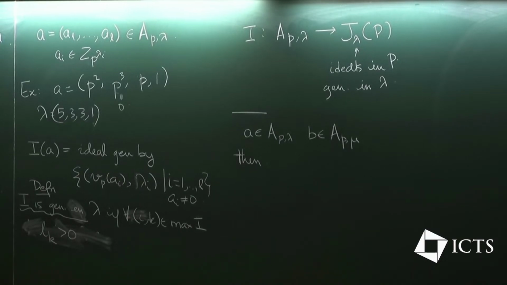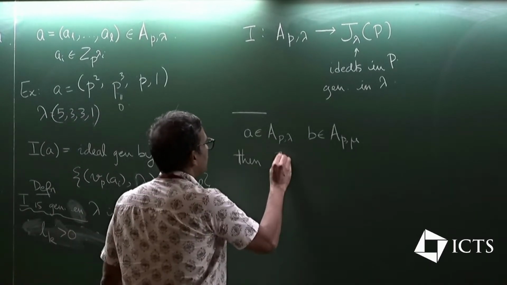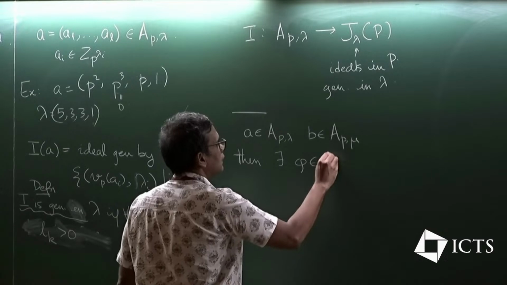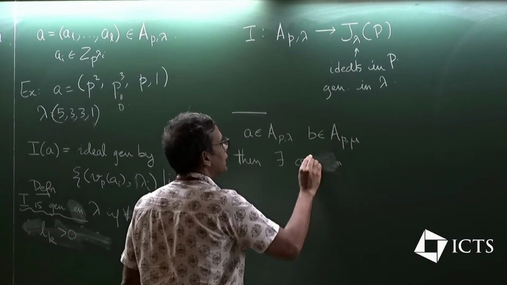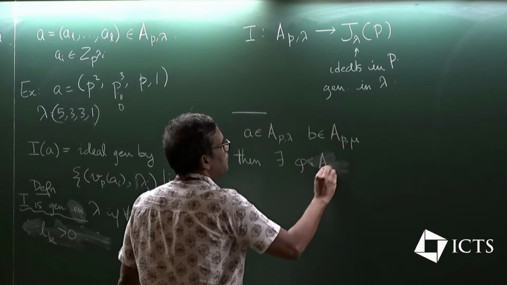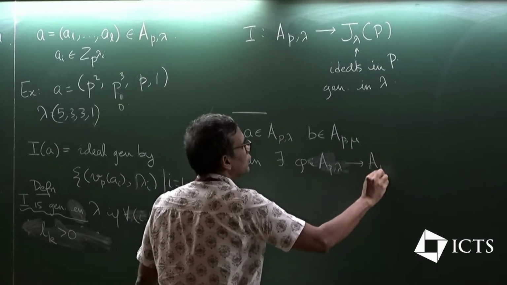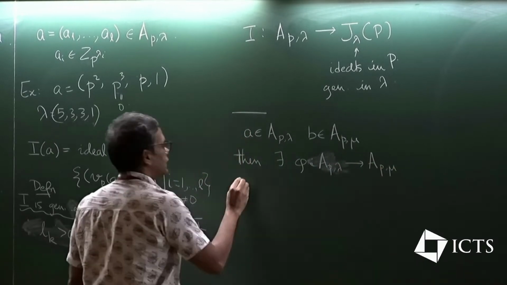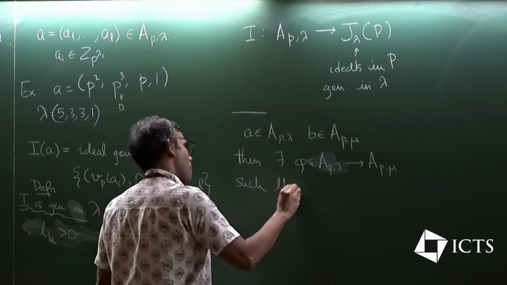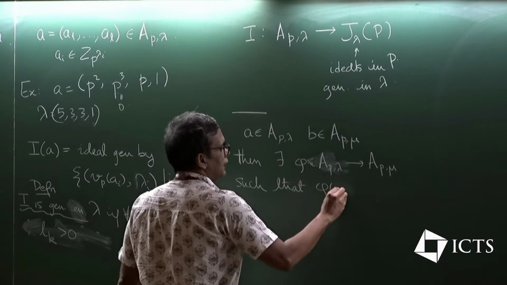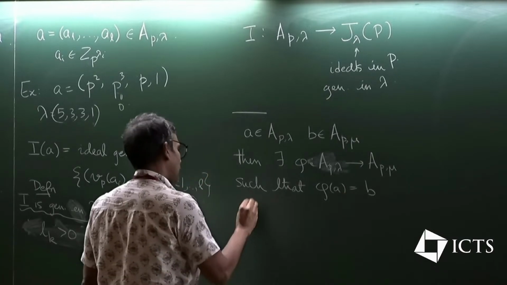Like we asked if I have two different elements in cyclic groups, when is one a homomorphic image of the other? We can generalize it to any finite abelian group. There exists phi, a group homomorphism, A_p(lambda) to A_p(mu), such that phi of A is equal to B if and only if.